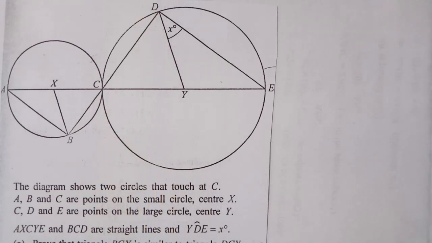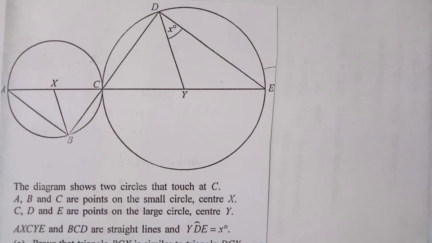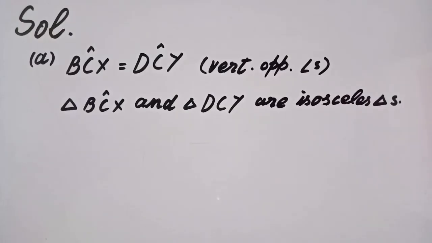So we are justified to say that the triangle BCX is similar to the triangle DCY. Why? Because two corresponding angles are equal. Angle BCX is equal to the angle DCY because of vertically opposite angles.